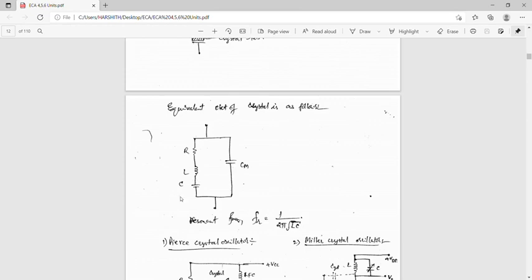The RLC forms a resonant circuit. The expression for the resonating frequency Fr is Fr equal to 1 by 2 pi square root of LC. So in the crystal oscillator, the frequency of oscillation Fr equal to 1 by 2 pi square root of LC.